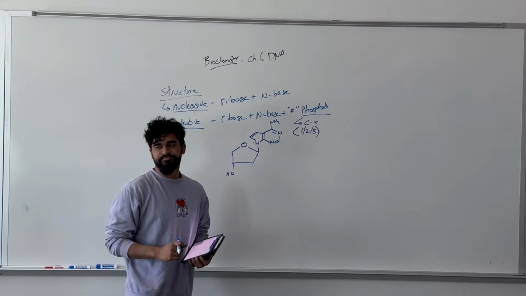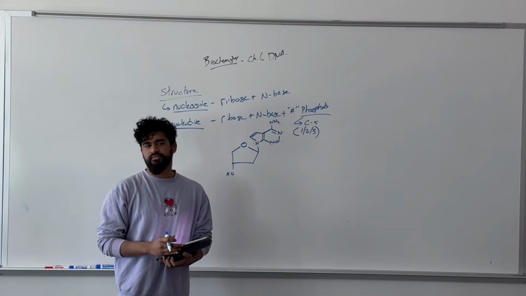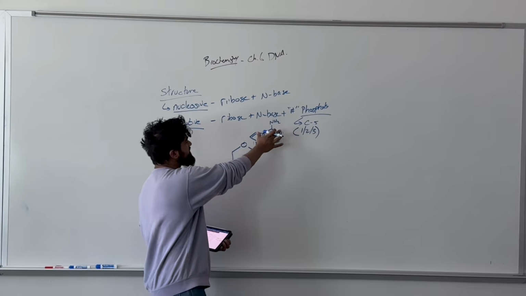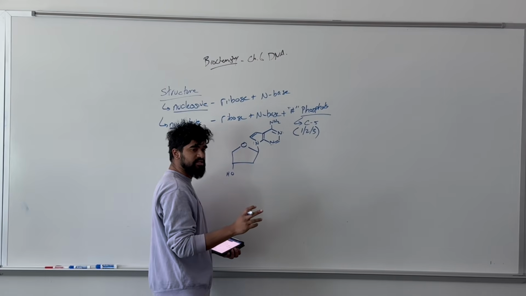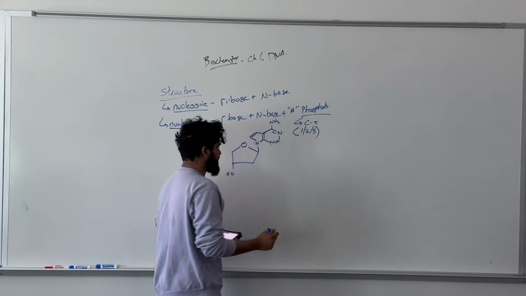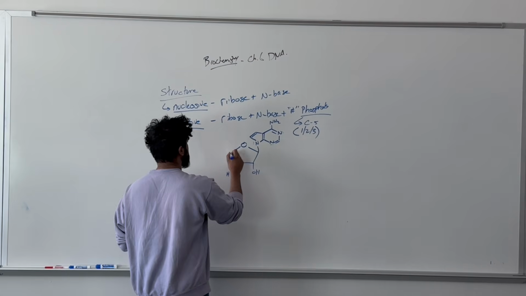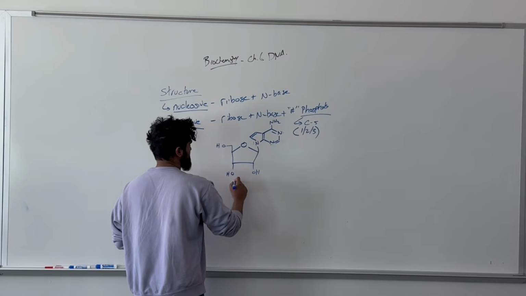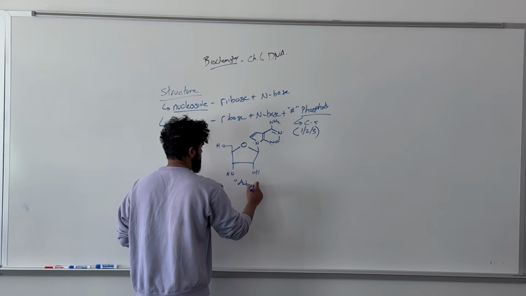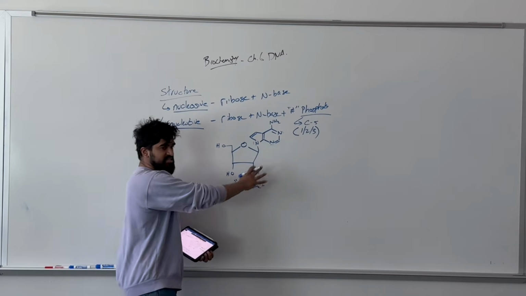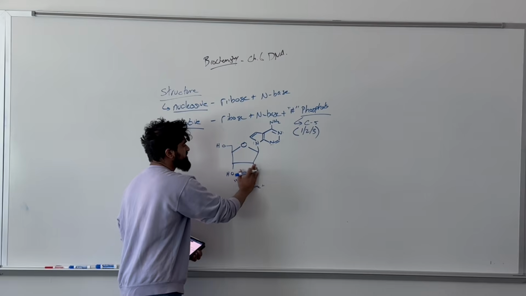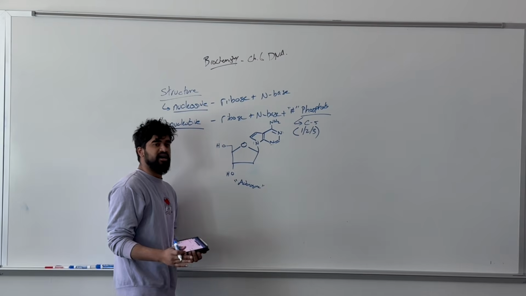Or sorry. What's it called? Adenine. Yeah. Adenine plus the ribose equals adenosine, right? So the ribose would be like that. This would be adenosine. This would be deoxyadenosine, specifically 2'-deoxyadenosine.